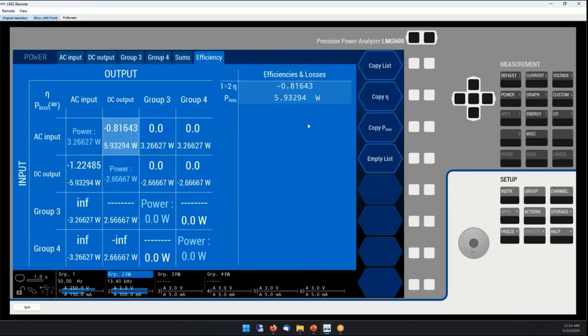So it is as easy as that. And of course, having a more complex system using 3 or more groups, this efficiency table can be very useful to have a picture of the system in just one screen.